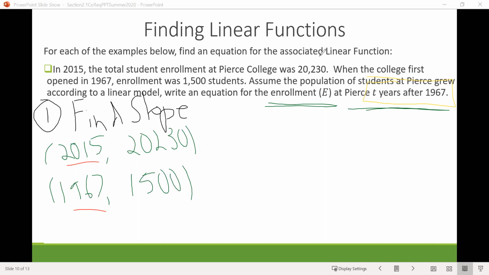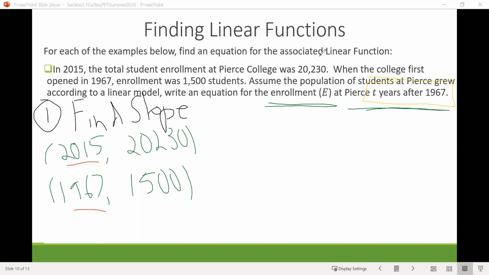This is a common practice when you're working with years. In writing some sort of equation, it's often easiest to do it as years since something. Otherwise, you might get some crazy numbers. So 2015, how many years after 1967 is that?